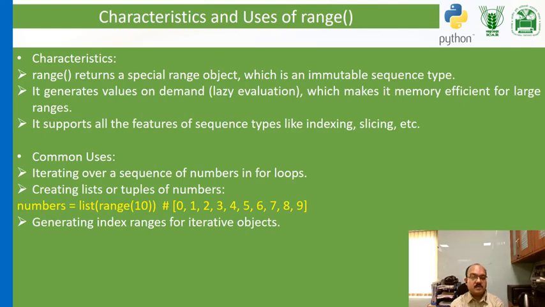That means we can say it is lazy evaluation, which makes it memory efficient for large ranges, and supports all the features of sequence types like indexing, slicing, etc. Common uses include iterating over a sequence of numbers in for loops, creating lists or tuples of numbers, and generating index numbers for iterable objects.